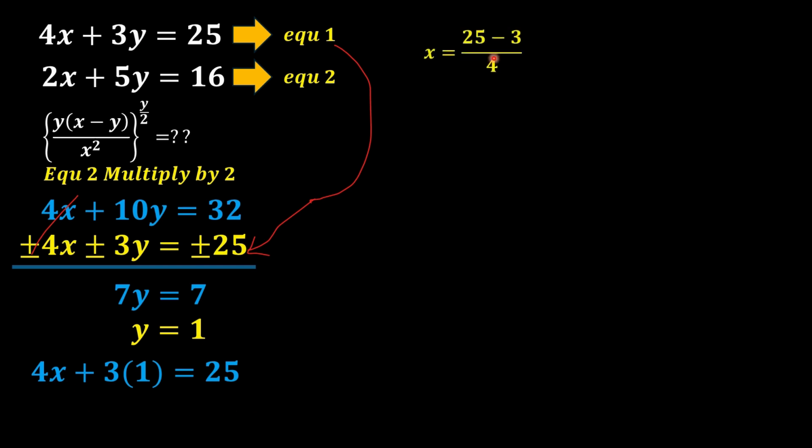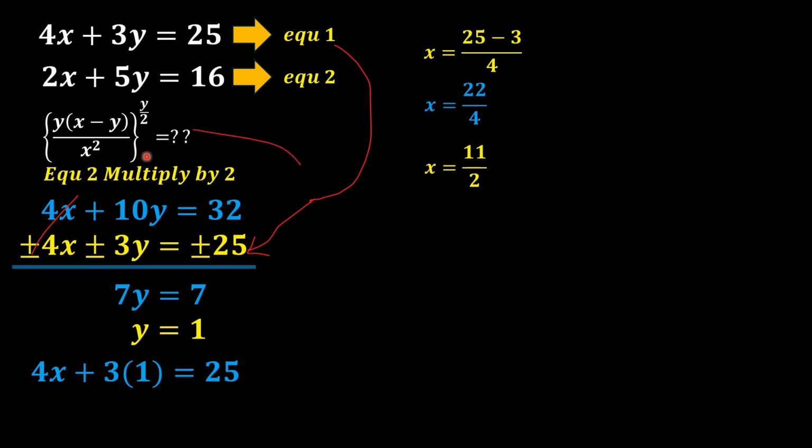As a result, we get x = (25 - 3)/4, and when we simplify this numerator, we get 22/4. After simplifying by dividing by 2, we get x = 11/2. Now here we have y = 1, and here we have x = 11/2.